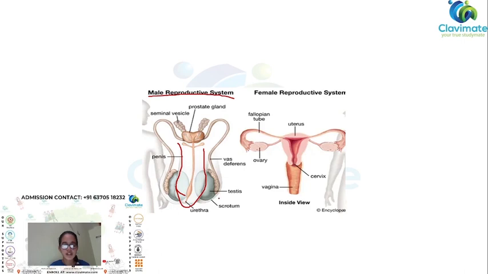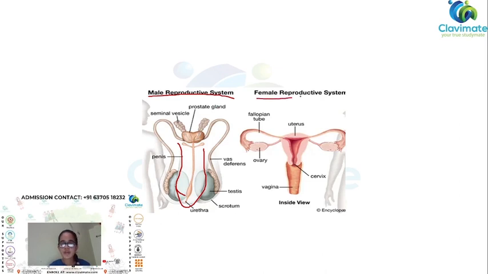This is the scrotum, which is holding the testis, as you can see. These are the vas deferens, which are connecting to the prostate gland, and these are the seminal vesicles, which are connected to the prostate gland. After passing through the prostate gland, both the vas deferens unite and pass through the urethra. Okay, so this is the male reproductive system.